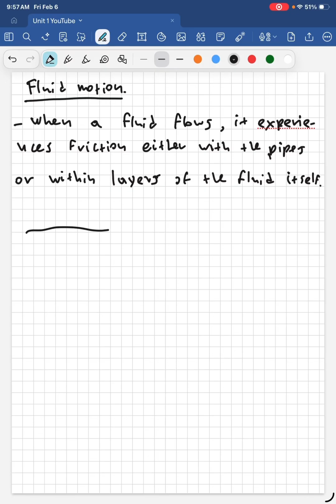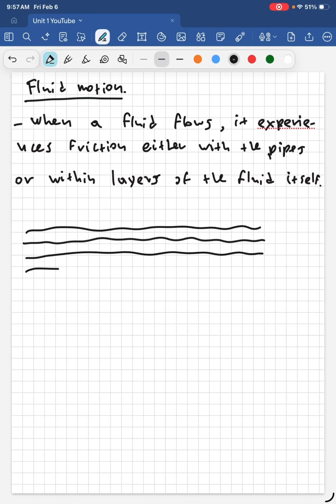You can think of the liquid as having layers. This is layer 1, 2, 3, and then there is friction between these layers.